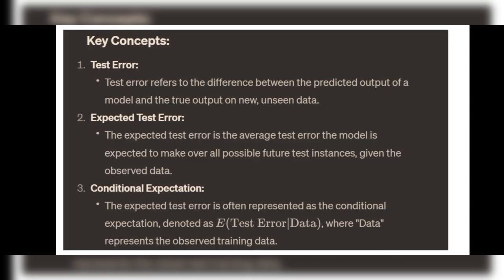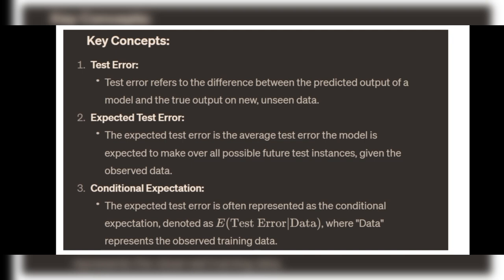The next key concepts are: first, test error; second, expected test error; third, conditional expectation. Test error refers to the difference between the predicted output of a model and the true output on new unseen data. When we see new data, we first predict something, right? That is called the predicted output.